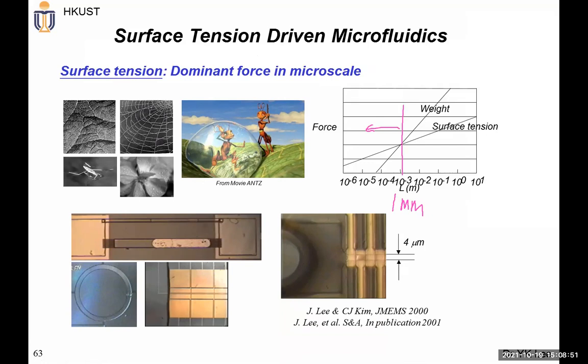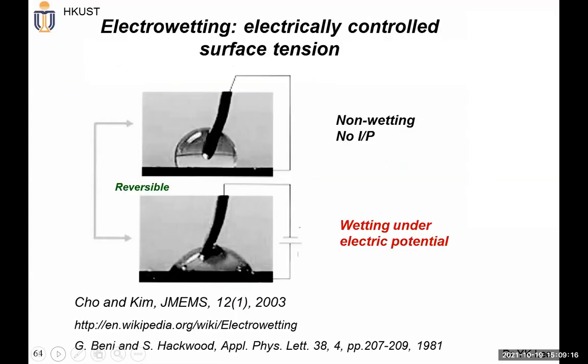F equals mg will be much smaller compared to the surface force, the surface tension. So for microfluidic devices smaller than 1 millimeter, surface tension becomes much more important. Okay, so in this case we are able to demonstrate how we can manipulate this kind of surface force, right? Last time we quickly mentioned.